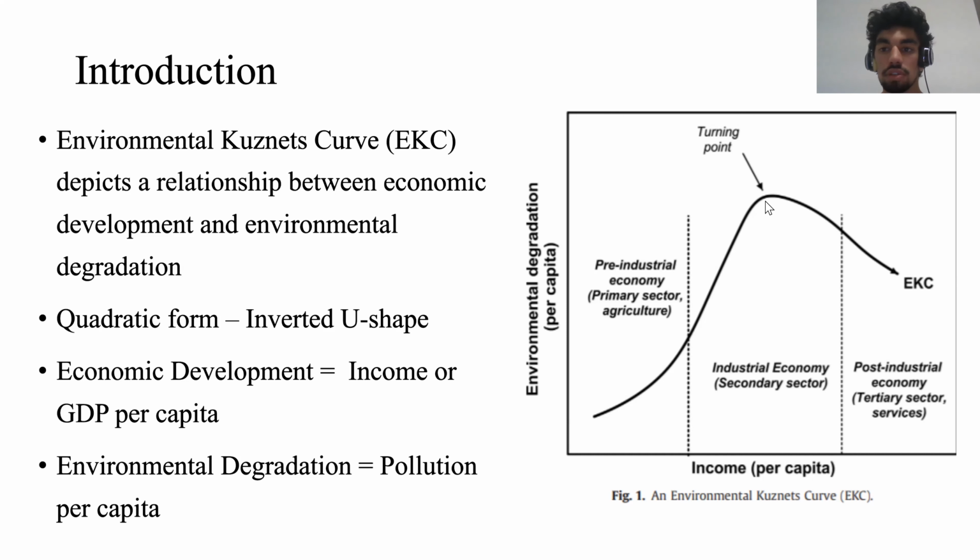It will continue to follow this relationship until it reaches a peak, at which point the relationship will flip, and as economic development continues to increase, environmental degradation will begin to decrease. And this relationship will continue into a post-industrial economy.